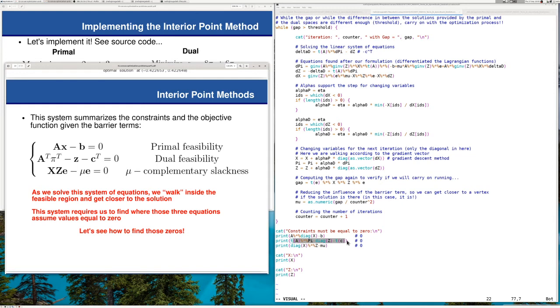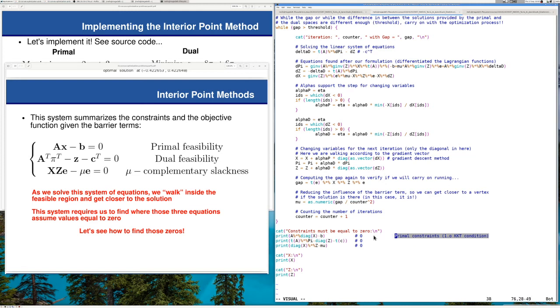That's really, really nice. And then, of course, the last one, which is this, the mu complementary slackness, which is how connected both solutions are. Diagonal of x multiplied by z minus mu must also be 0, because that's going to show me the complementary slackness. As you might notice, those are our primal constraints, or if you prefer, the first Karush-Kuhn-Tucker condition.